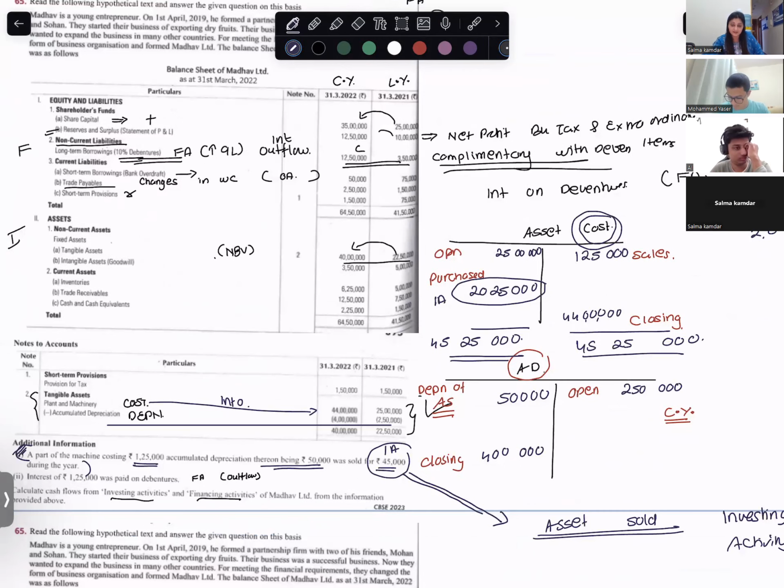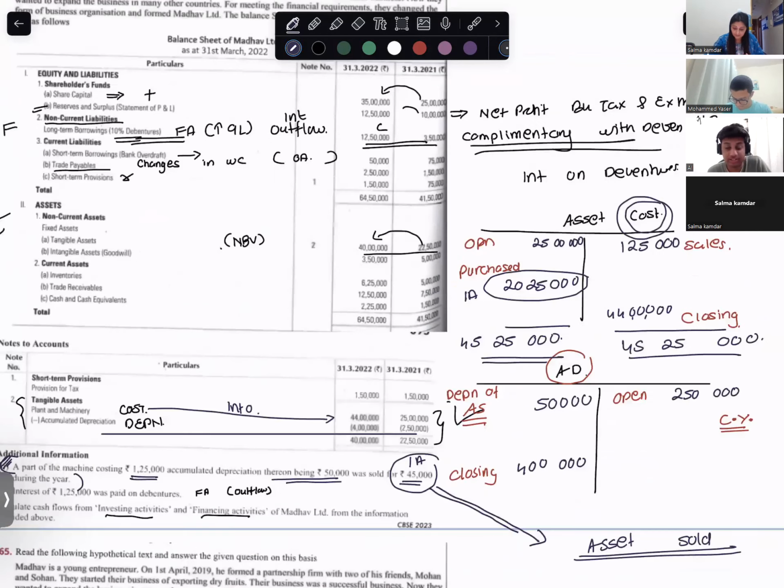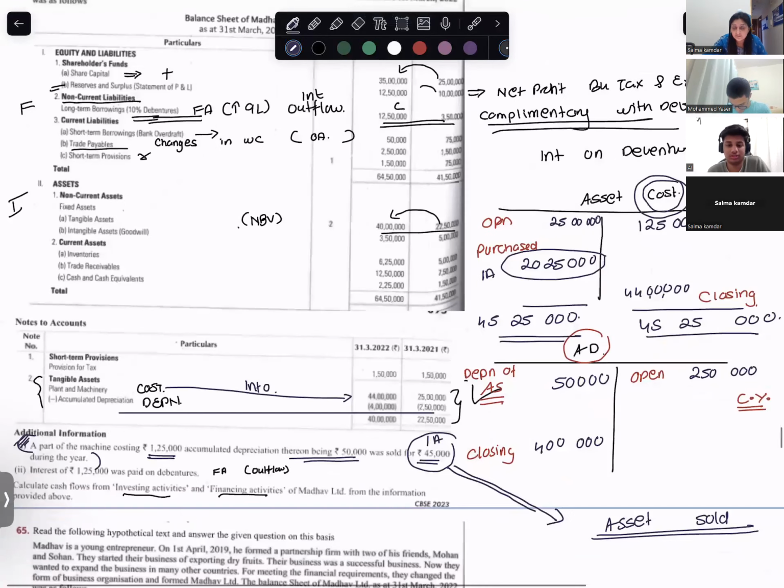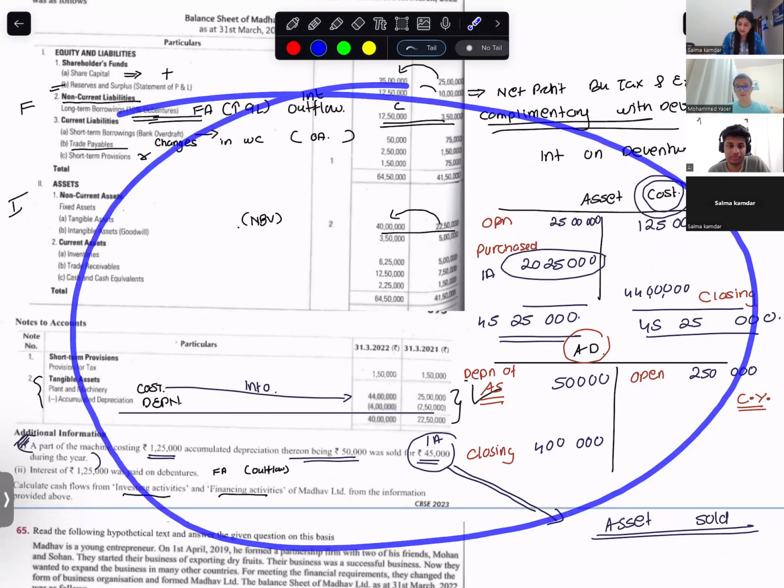What will you write in investing activity? Ma'am, assets. You did assets. So what will you write? We've discussed the full sum.